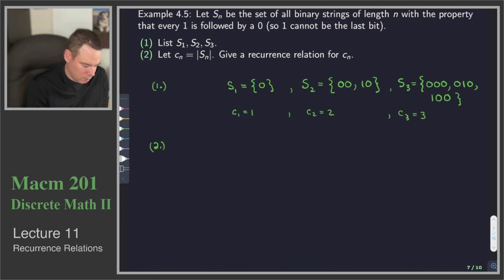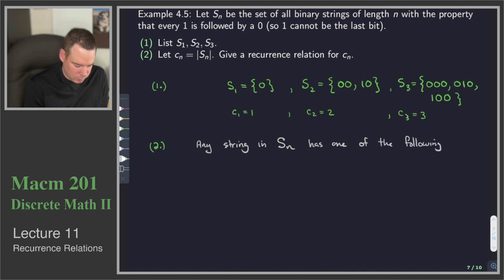Well, what can we use? What we'll note is that any string in S sub n has one of the following forms. Now, before I write down what I'm about to write down, a lot of times I get asked the question, how do we know to do this step next? Well, the idea is we're looking for a recurrence relation.